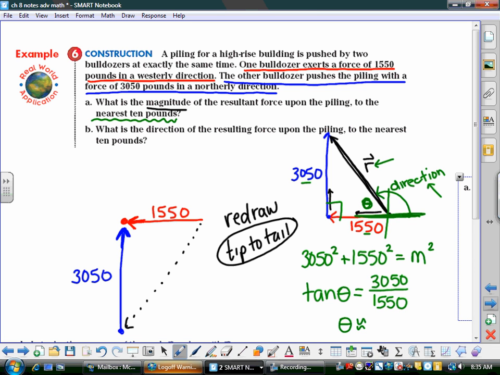I think there's a typo here. It says, what's the direction to the nearest 10 pounds? Directions are in degrees. So let's say, what's the direction to the nearest degree? So we'll round this number off to the nearest whole number. And then to actually answer the question, what is the direction, we're going to do 180 minus that number, and that'll be our final answer.